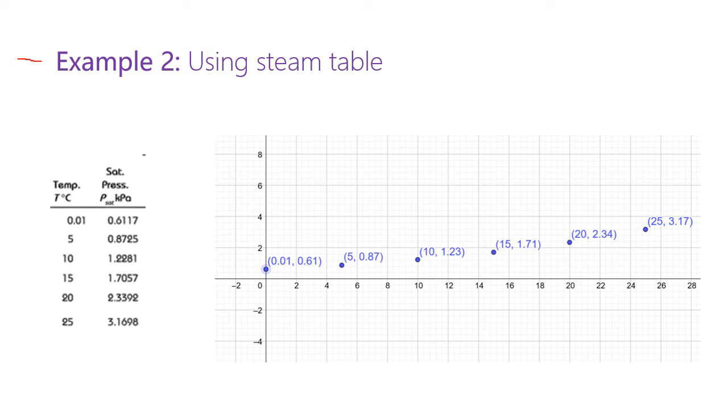Then this was the second example from the previous video. This example was about the steam tables, and this is the data from the steam table. This data is obtained by performing carefully designed experiments, and we can say that this data has a fair amount of accuracy, or the error involved in this data is very less.